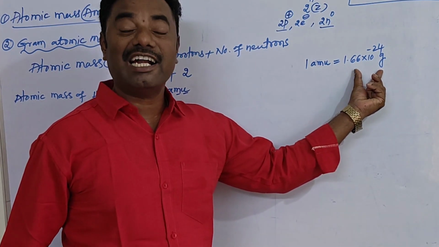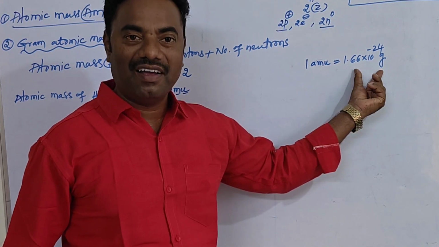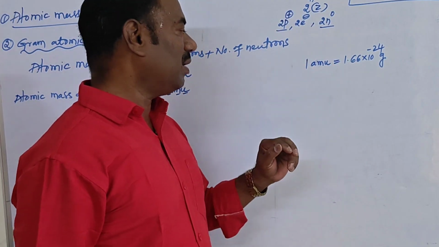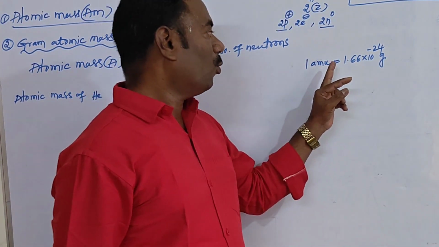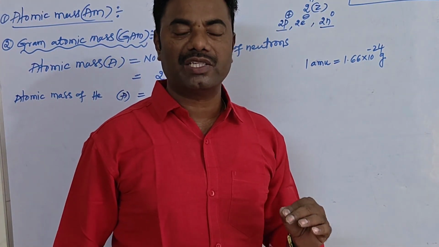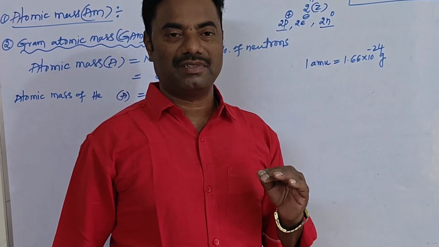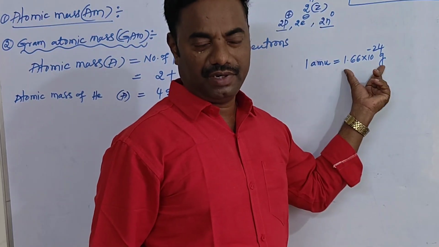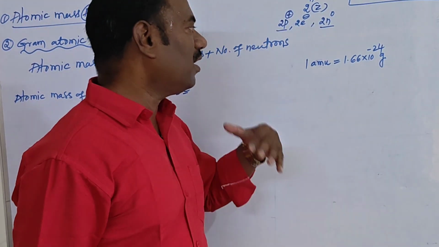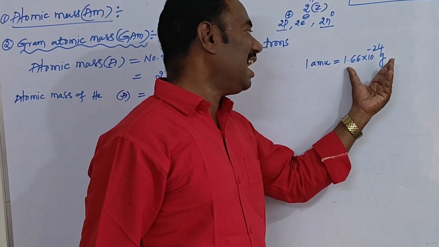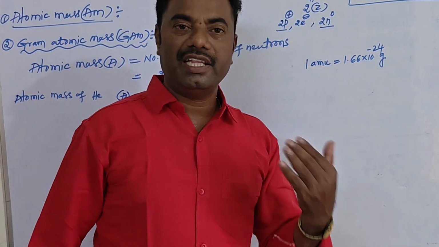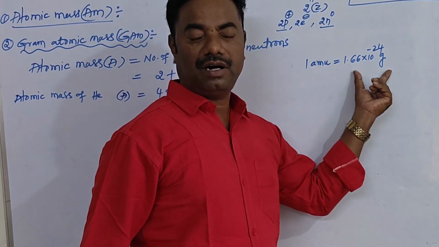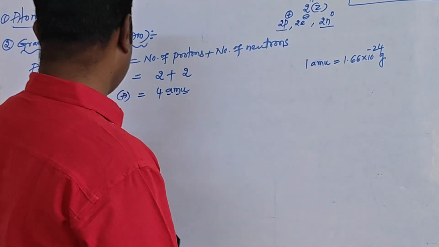Each proton mass or each neutron mass is equals to 1.66 into 10 to the power of minus 24 grams. It is the exact mass of either proton or neutron in grams.